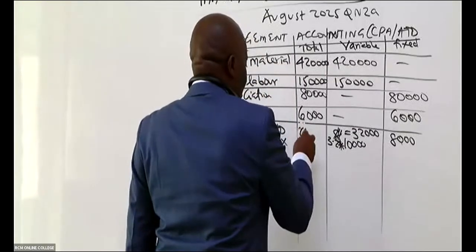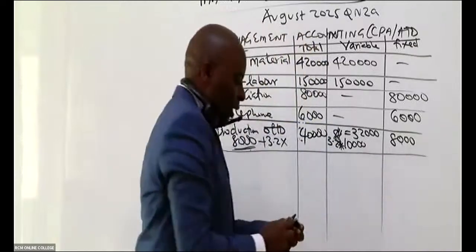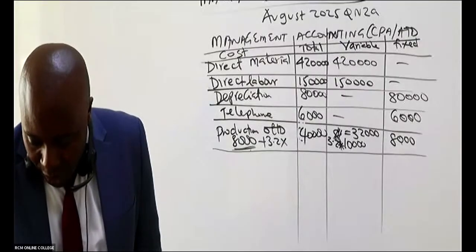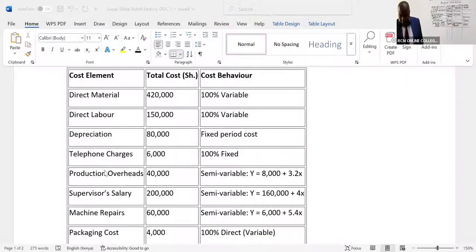If you look at the total cost for this production, it is 40,000. Because of how they have written this, 8,000 plus 3.2x, it means that they are semi-variable, meaning that 8,000 is fixed and 3.2x is variable.